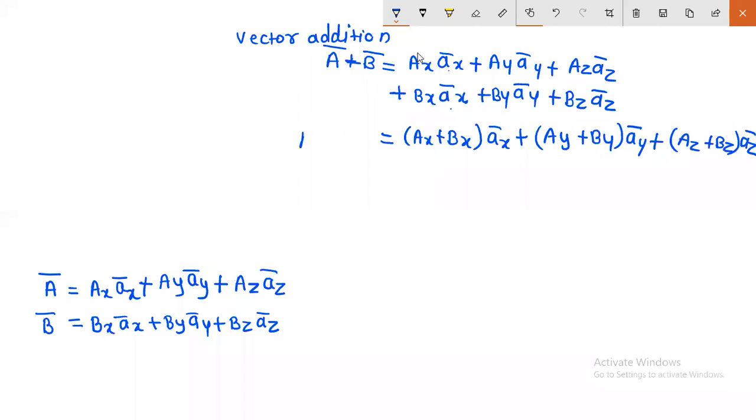Okay. So this is your final equation for two vectors addition, that is A bar plus B bar.